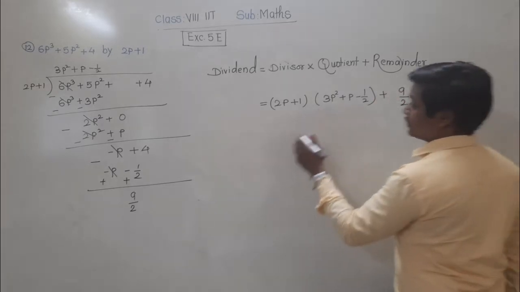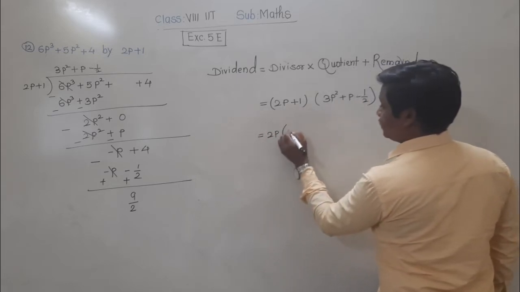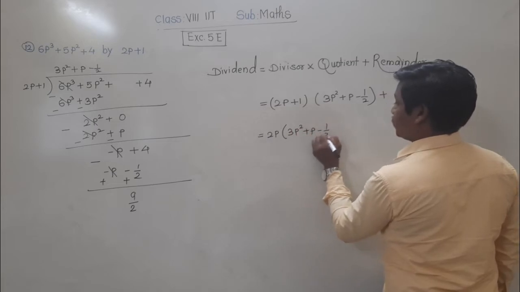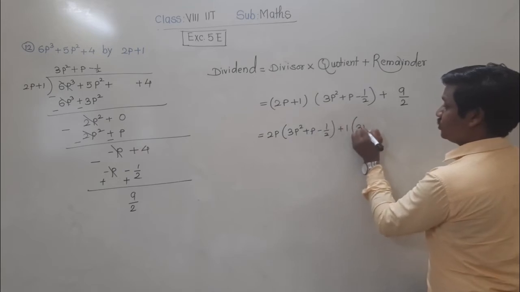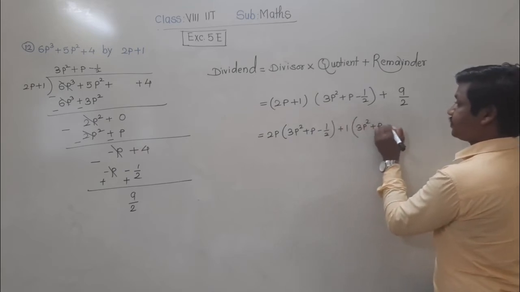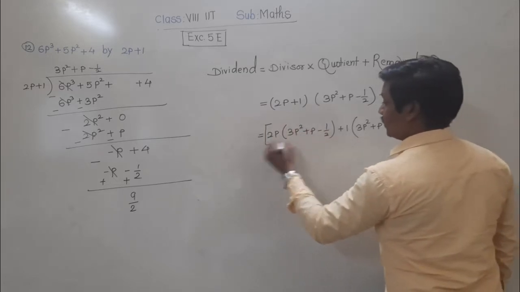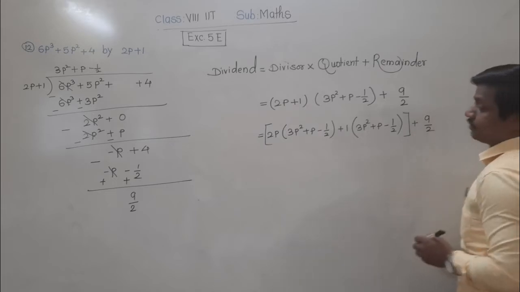Now let us multiply this first. First term 2p in bracket into the second bracket, plus 1 in bracket into the second bracket. Then add 9 by 2, which is the remainder.